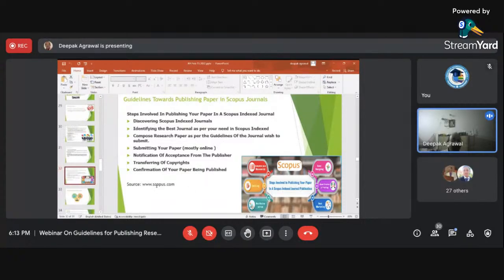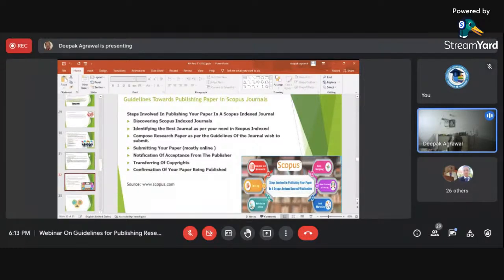This is the website of Scopus. Identify the best journal as per your requirement. Compose the research paper as per the guidelines of the journal. Submit your paper, that is the outline, to them for approval. Wait for the notification of acceptance from the publisher, communicate with them if required, transfer the copyrights as demanded by them, and finally you will receive the confirmation that your paper is published.